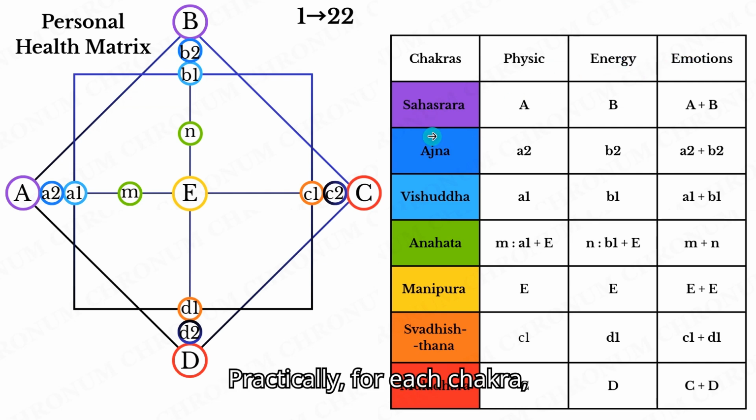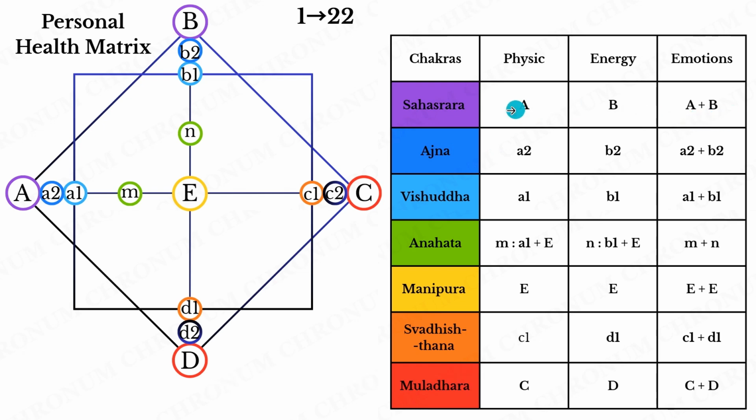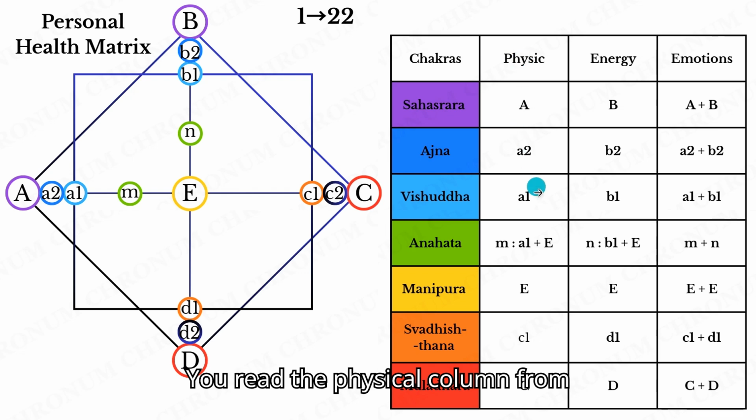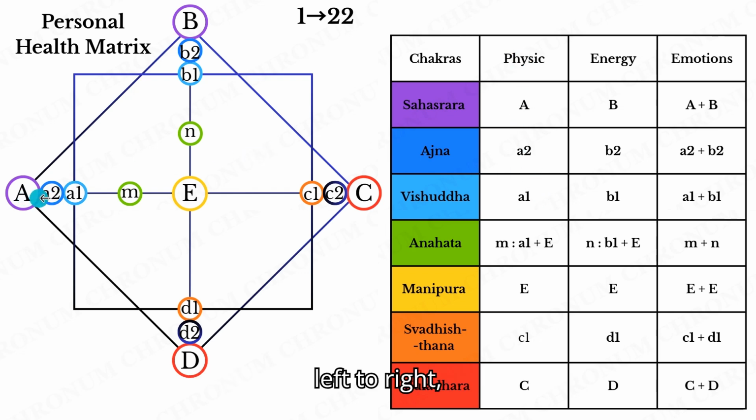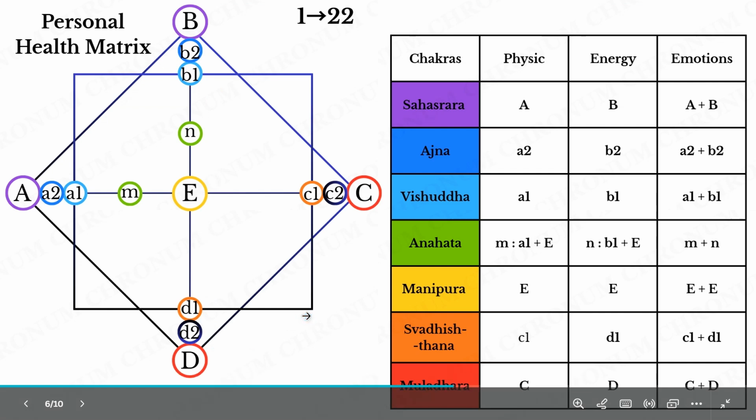Practically, for each chakra, there is one number for the body, one number for the energy, and their sum gives the emotional component. You read the physical column from left to right, and the energy column from top to bottom. Then you add them for the emotion column.